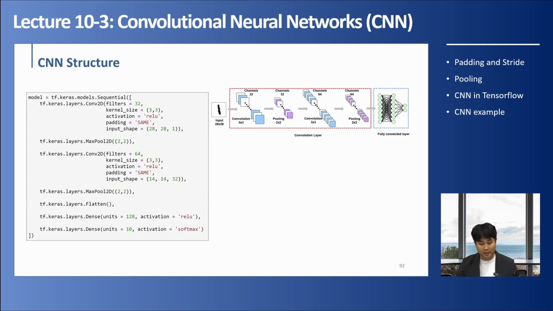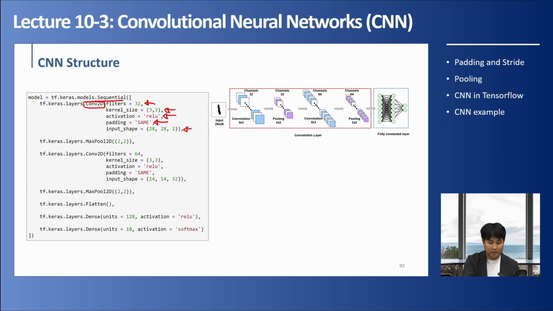So in order to define the architecture in TensorFlow, we use the sequential API just like we did for the ANN case. But this time, we'll be using a slightly different function, tf.keras.layers.Conv2D. And here we can determine the number of filters we'll be using, which essentially dictates the dimension of the output channel, our kernel size, the type of activation function, what type of padding we'll be using, and what the input shape is.